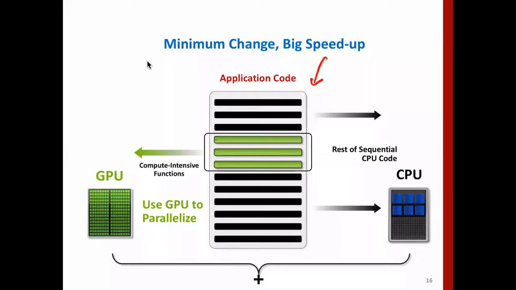So the compute intensive functions can go to GPU, and the rest of the sequential code can run over CPU. And this is exactly what happens when you play a game. A lot of activities happen on CPU, but something related to image manipulation or video processing happens over GPU.